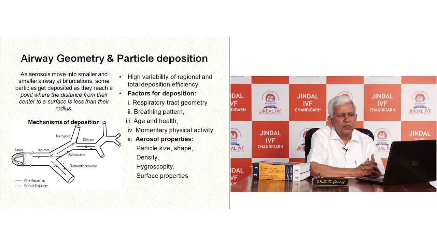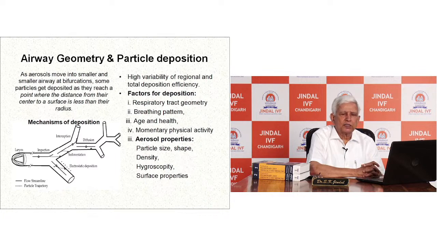And you also know it will depend upon the breathing pattern, whether it is a smooth breathing pattern. In a patient who is breathless, like a patient in an acute emergency, whether a COPD patient or an asthma patient, it is not a linear flow in the airways.